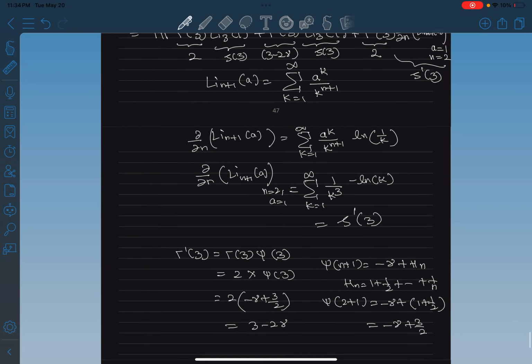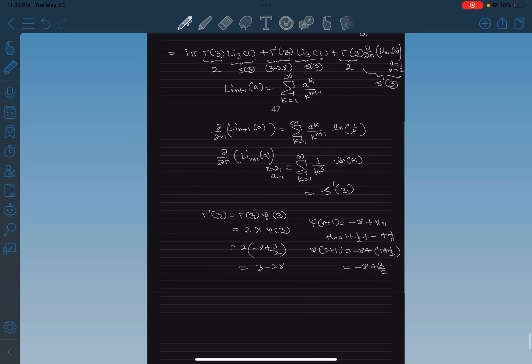So now if we just substitute all the values that we have arrived at, and the Euler-Mascheroni constant is basically some 0.577, something like this, and all the values you can find on the internet.